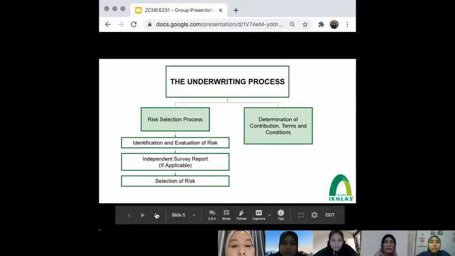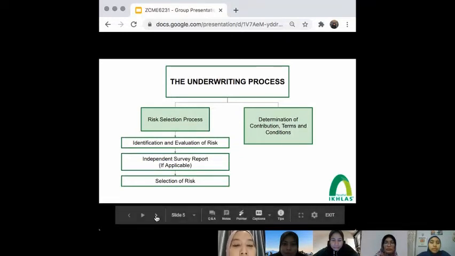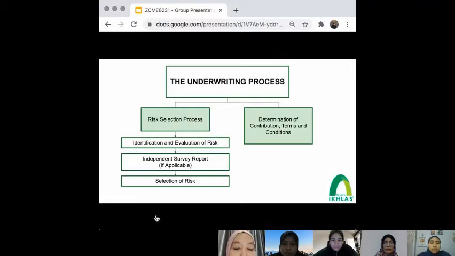The information on hazard can be obtained from the proposal form completed earlier by the proposer or participant. However, if additional information is required, the underwriter may take one or more actions, which involve a request for a survey report on the risk and making direct inquiries.